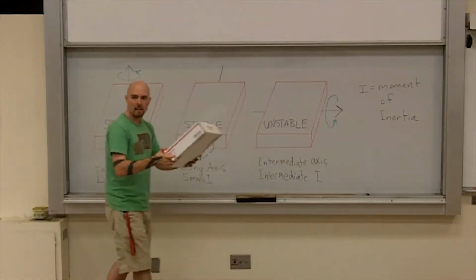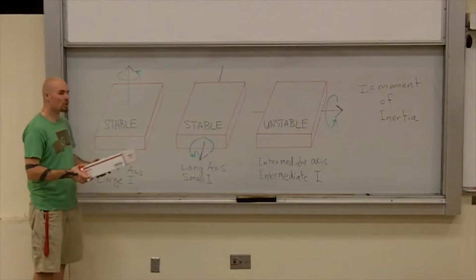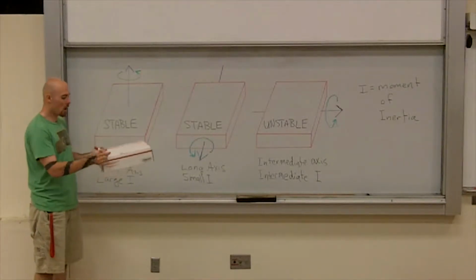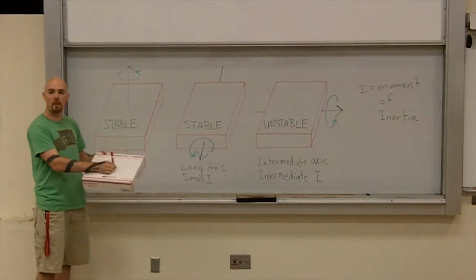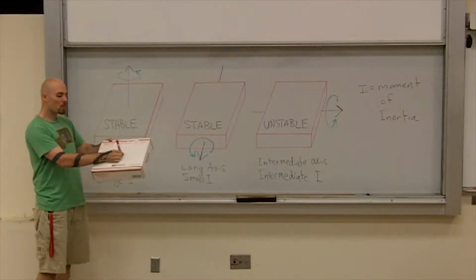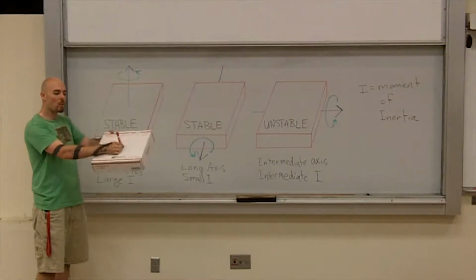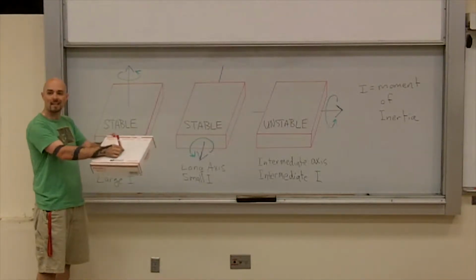As we make this object rotate about its short axis, having the large moment of inertia, if we were to rotate it perfectly around this axis, it would maintain a perfect rotation. But if we were to deviate that slightly, it would have a wobbling effect that would wobble around that same central point.